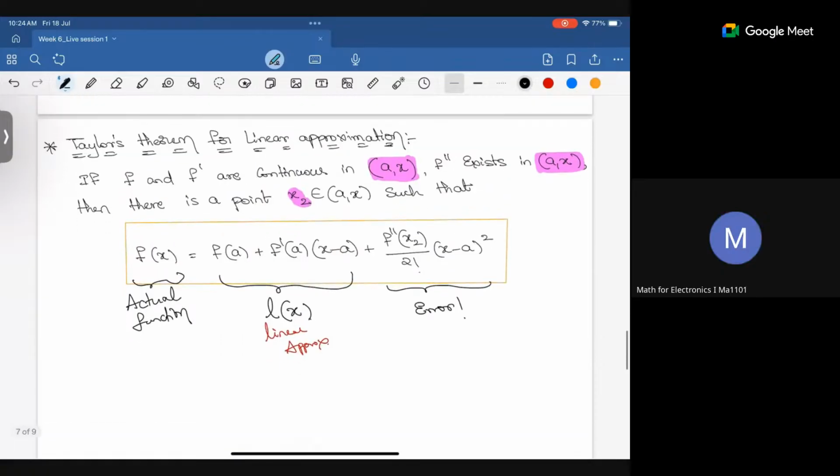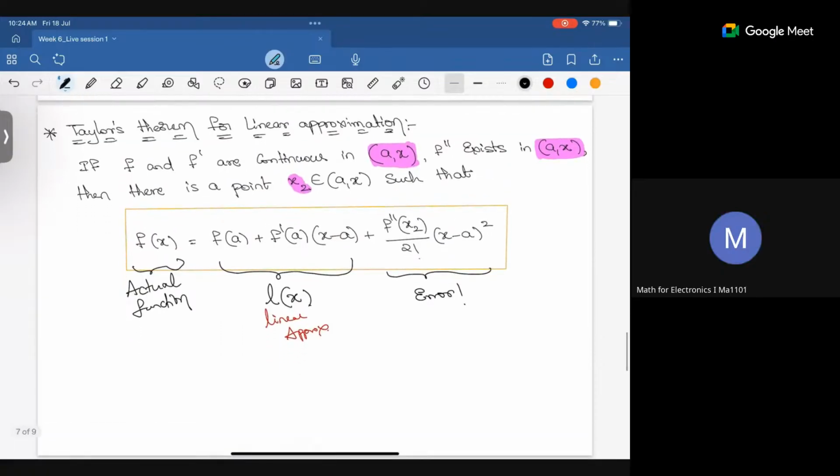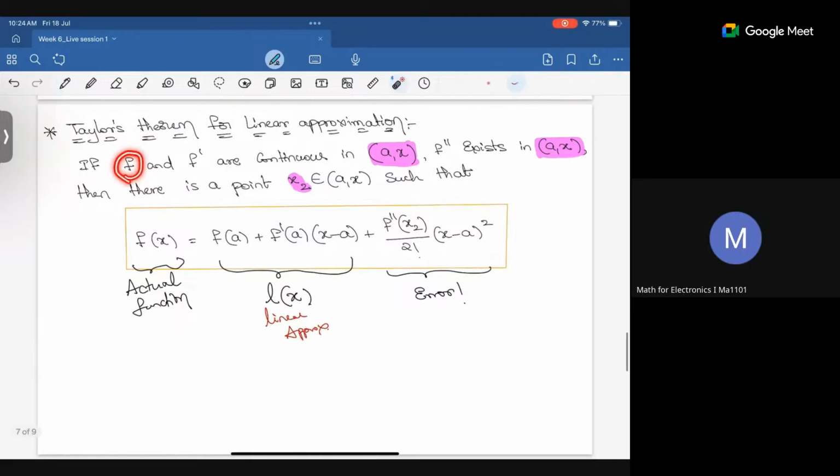For linear approximation, you need these conditions to hold true: f and f prime should be continuous in the interval a to x, and f double prime should exist in this interval. Then comes Taylor's theorem. It says there exists some point x2 such that f of x will exactly equal the sum of these three terms.